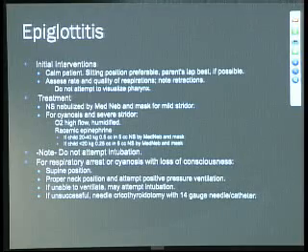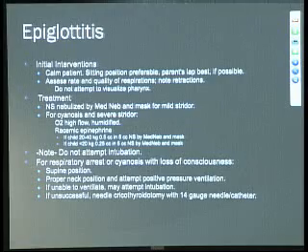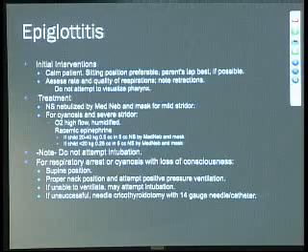But this is relevant not just to epiglottitis, but to the other things that look like croup. If something looks a little bit out of the ordinary, or it just doesn't feel like a typical croup case to you, respect that sense, because the tricky part with croup is pulling the needle out of the haystack.